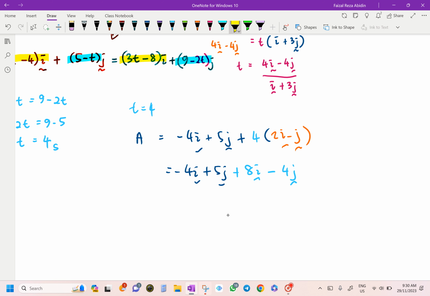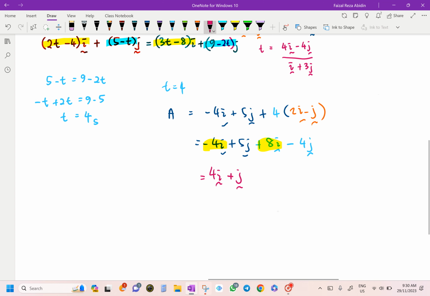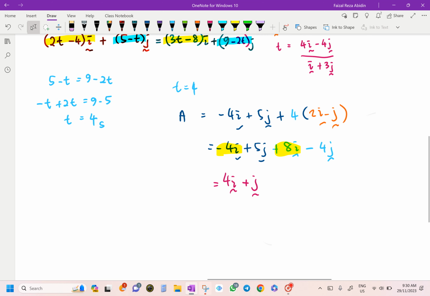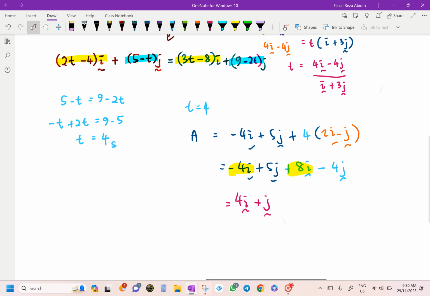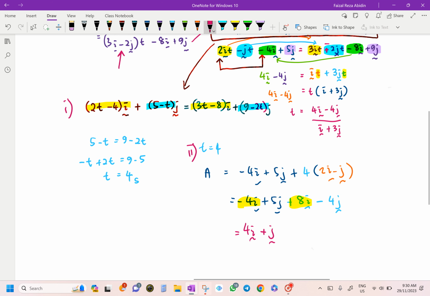So, simplify. Negative 4i dengan 8i, you akan dapat apa? 4i. 5j minus 4j, minus j. Plus j. This is gonna be our what? Meeting point. If you substitute into A, if you substitute into B, also you are going to get the same. This is going to be the first answer. This is going to be your second answer.